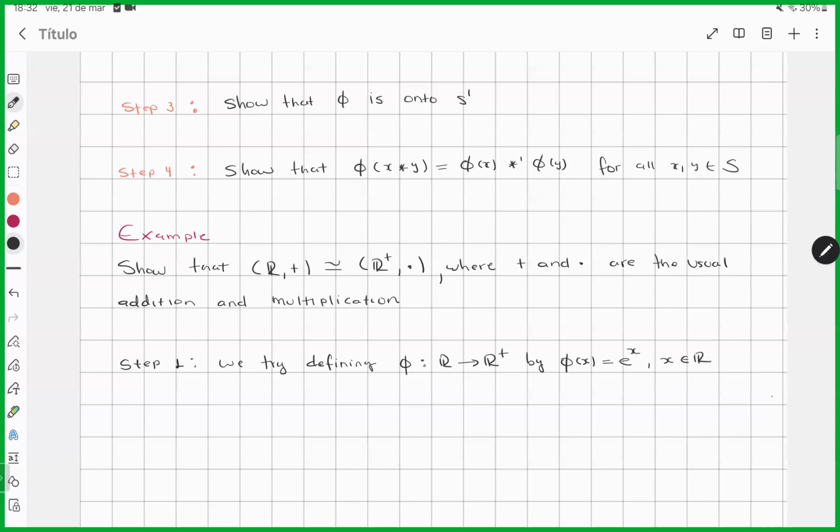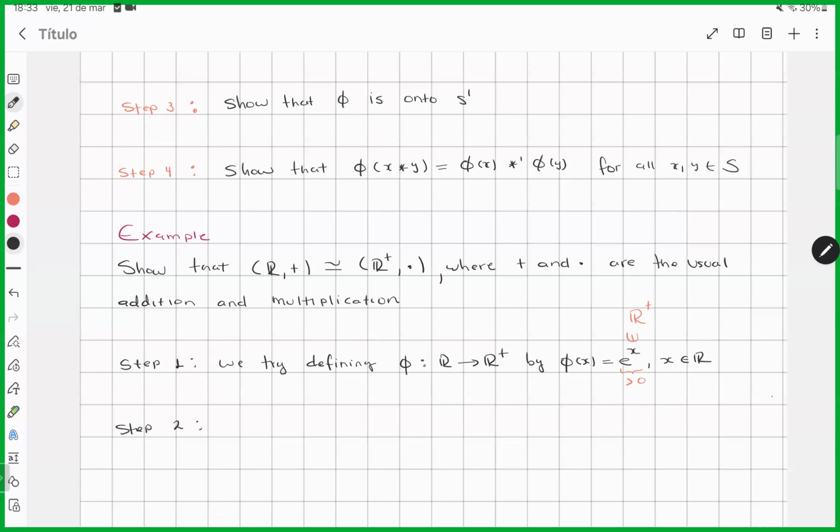And here observe also the following. This is a positive real number as we want, right?